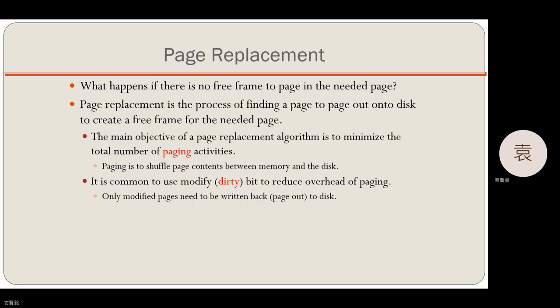So we mark all these in-memory pages as modified or not. Only modified pages, when selected to page out, need to be restored back to the disk. Unmodified pages don't need their content restored, because the original content is already in the backend store.